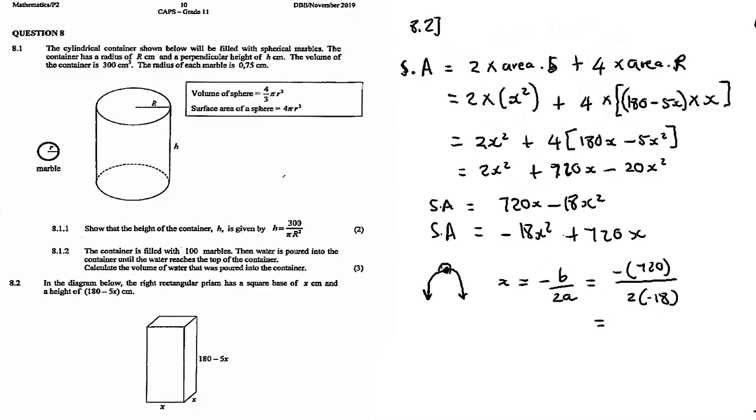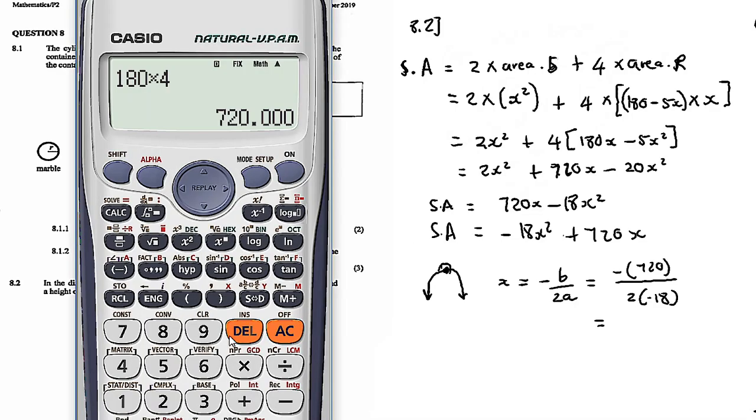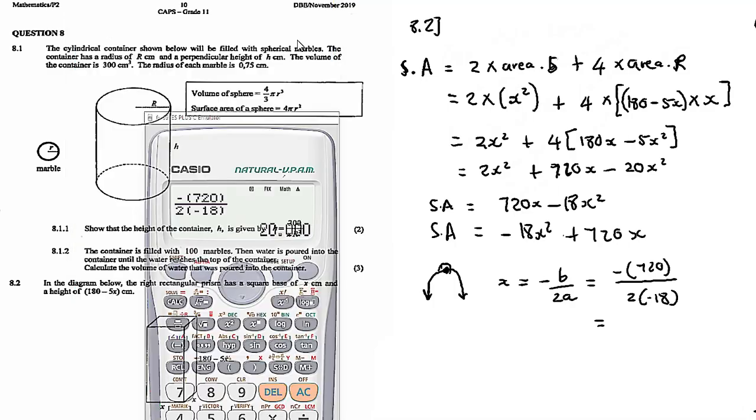Let's calculate. This is the x value. We then substitute that back into the equation to get the maximum surface area. So look here, it's negative 720 over 2 times negative 18, which equals 20.